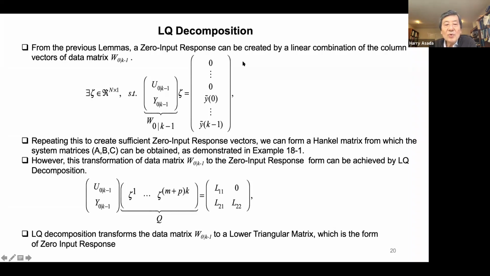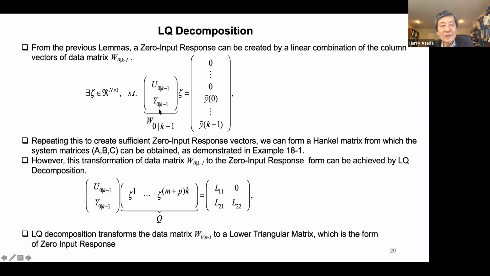And your original data, input output time sequence put into this big Hankel matrix, may not contain the zero input response, which is actually conveniently used for the subspace method. However, we can actually create such zero input response by taking the linear combinations of your specific data matrix, UK and then YK.